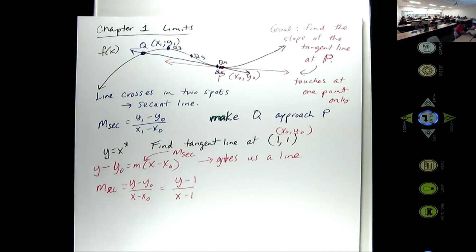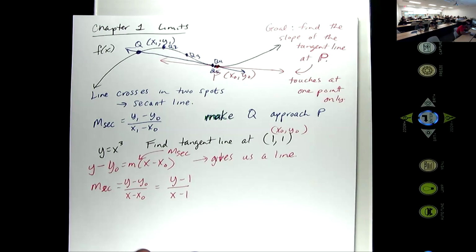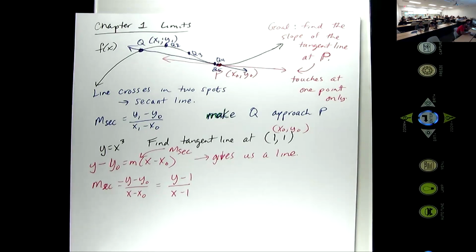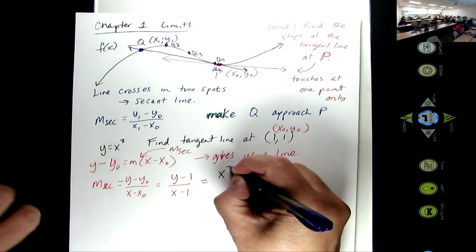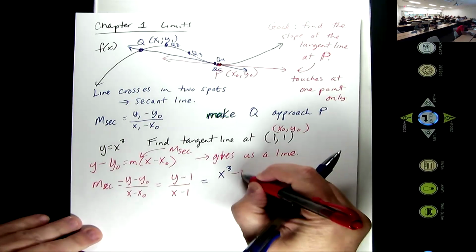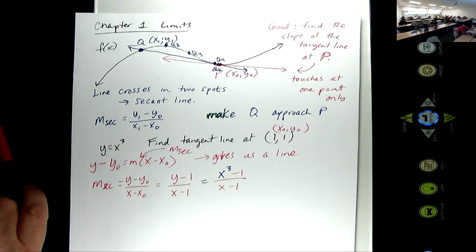What's wrong? Oh, no, I was just wrong. Okay. We don't have any other information to use, but we do know y equals x cubed, so we're gonna stick that in. x cubed minus 1 over x minus 1. See, fair?